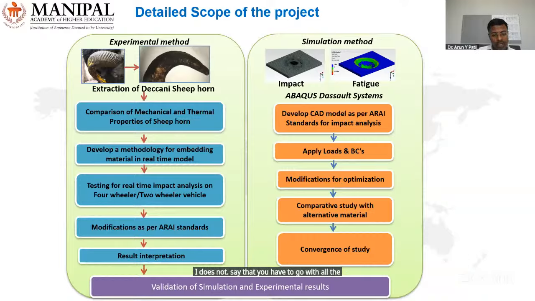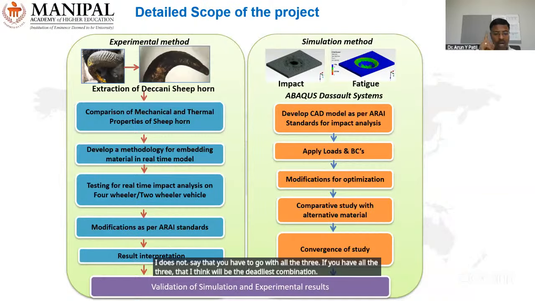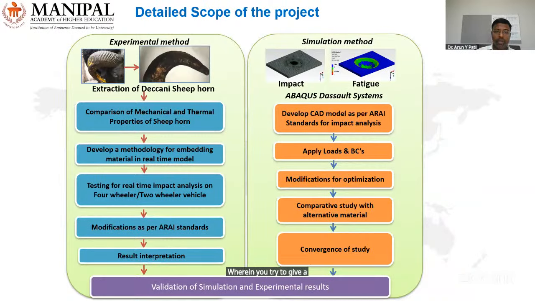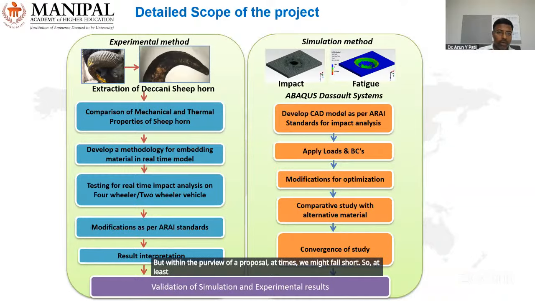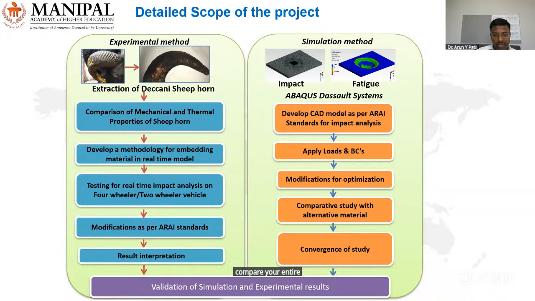If you have all three, I think that will be the deadliest combination, wherein you try to give a correlation between experimental, simulation, analytical. But within the purview of a proposal, at times we might fall short. So at least two should be there to correlate or compare your entire validation process.